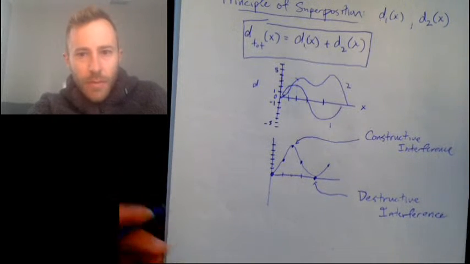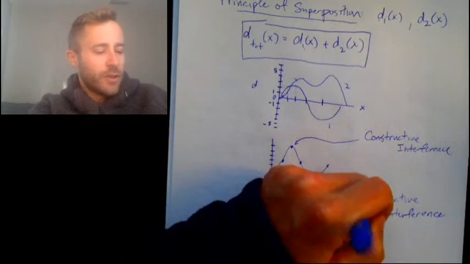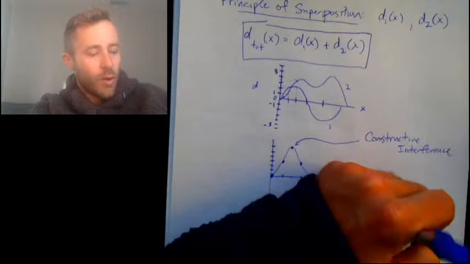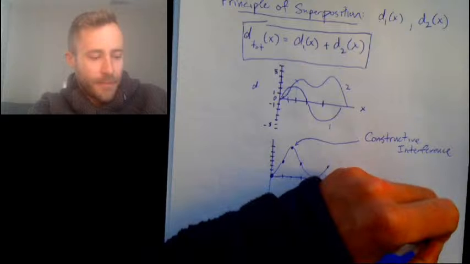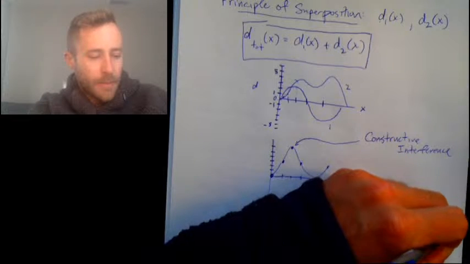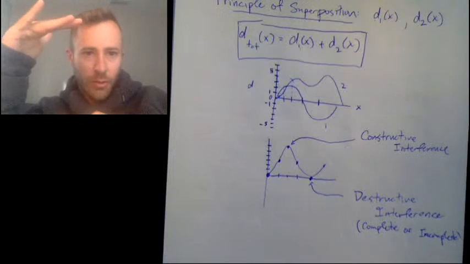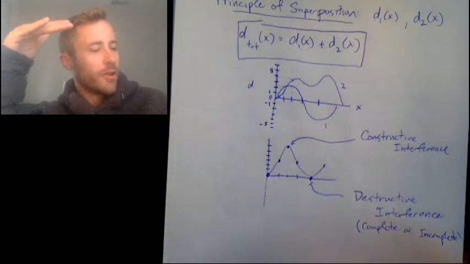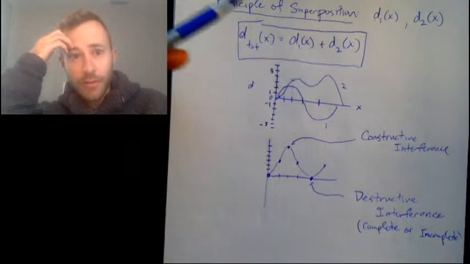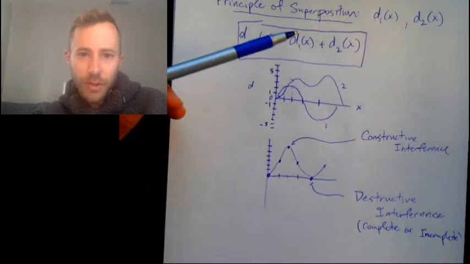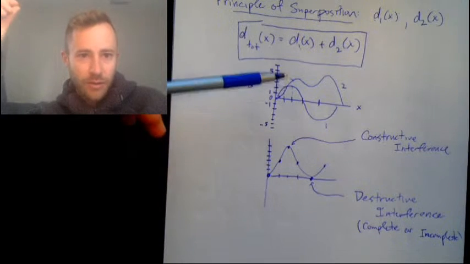Now, destructive interference can be complete or incomplete. If the two waves are equal and opposite, then you would get like 5 plus -5, and so that would equal 0. So you would get complete cancellation of the two waves.